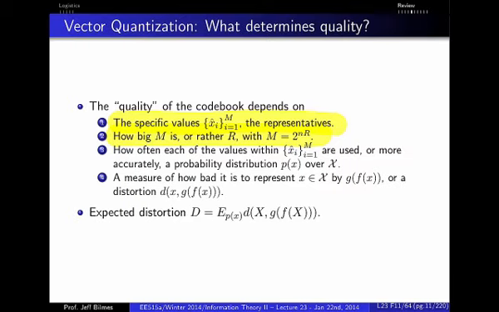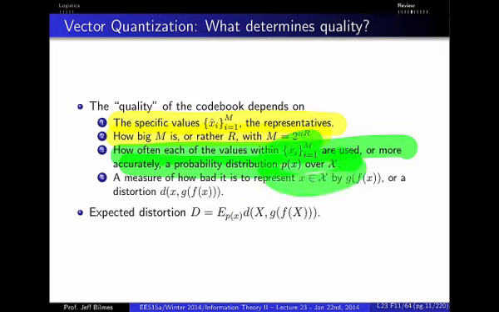The other thing that affects the quality is how often each of these code words is used, which depends on the probability distribution P of x, this guy here. And the last thing that determines the quality is how we're measuring quality, which is entirely dependent on the distortion function.